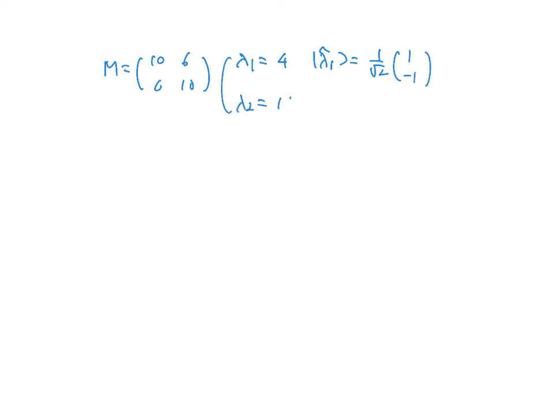So we can summarize M, which is 10, 6, 6, 10. Lambda 1 is 4, with lambda 1 tilde 1 over square root of 2 times (1, minus 1). Lambda 2 is 16, with lambda 2 tilde 1 over square root of 2 times (1, 1).